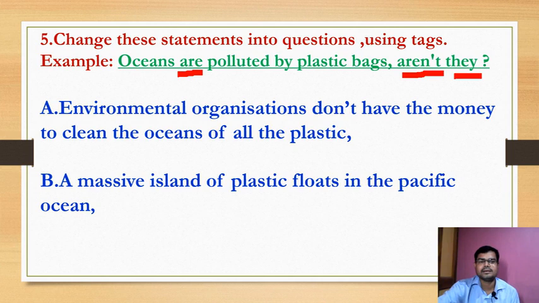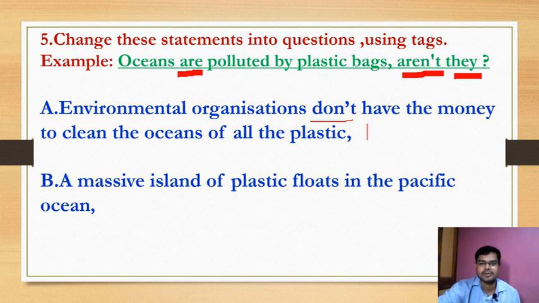You can see here: environmental organizations don't have the money to clean the oceans of all the plastic. Don't is used as an auxiliary verb, and not is there. Our rule says when the statement is positive, the tag is going to be negative, and when the statement is negative, the tag is going to be positive.